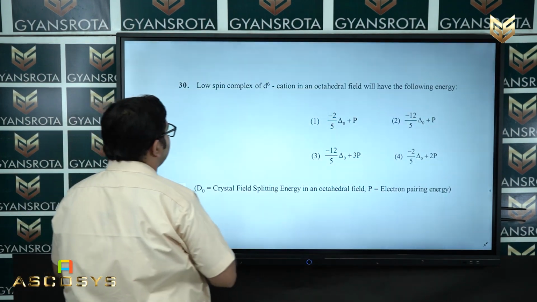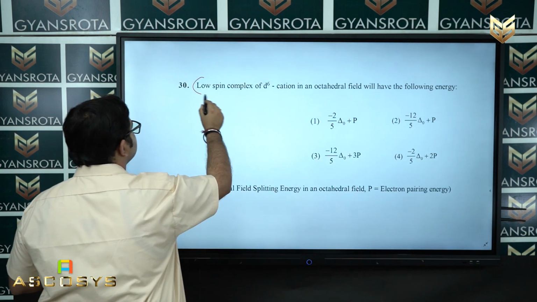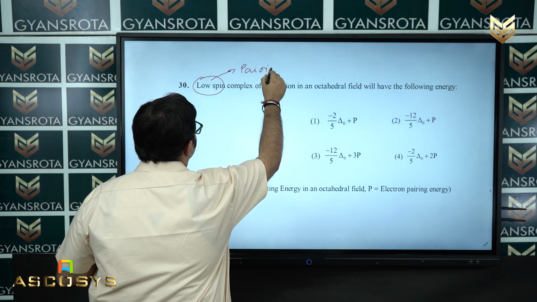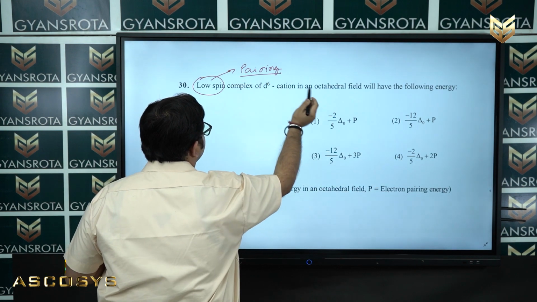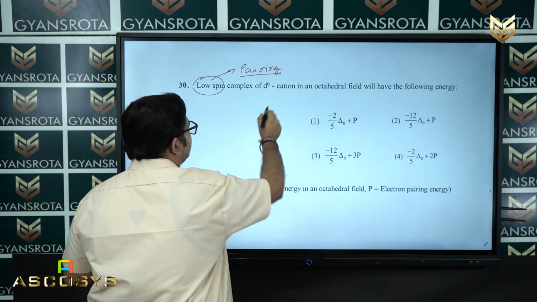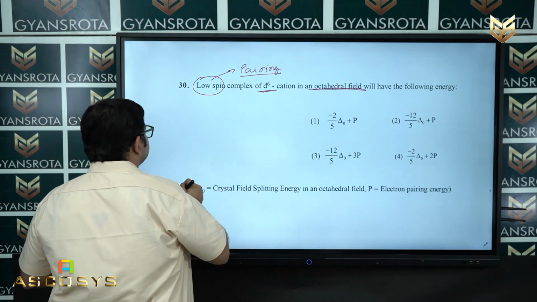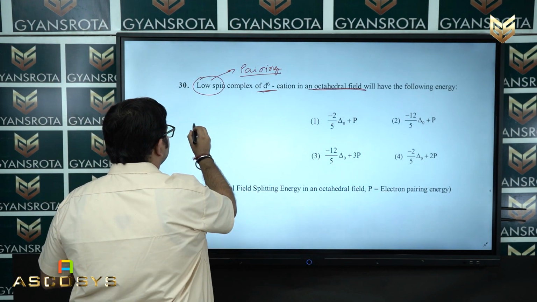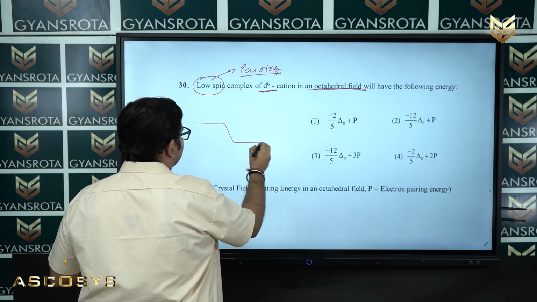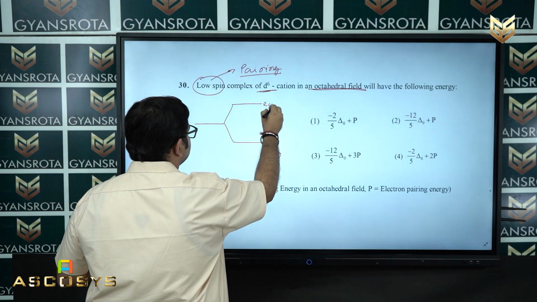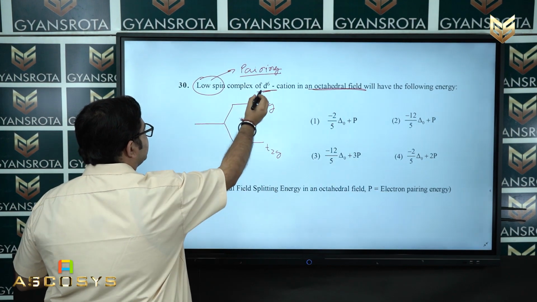Now here, they already mentioned it is a low spin complex. It means the pairing takes place, and it's an octahedral complex. For a d6 octahedral field, it will split like this, t2g and eg, and how many electrons are there? These 6.